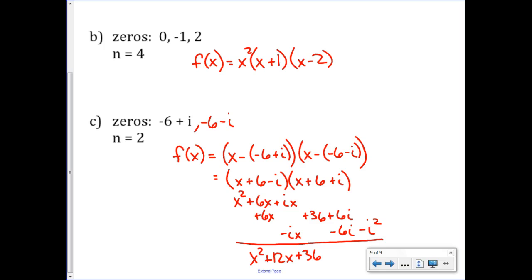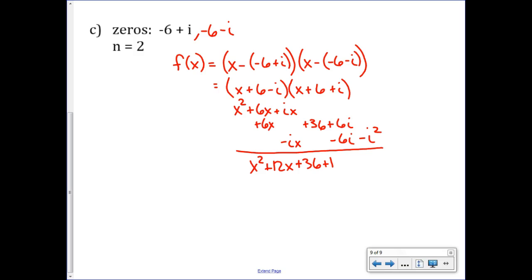And then I have minus i squared. So i squared is negative 1, so I have minus a negative 1, or plus 1. So in this case, I have f of x is equal to x squared plus 12x plus 37.